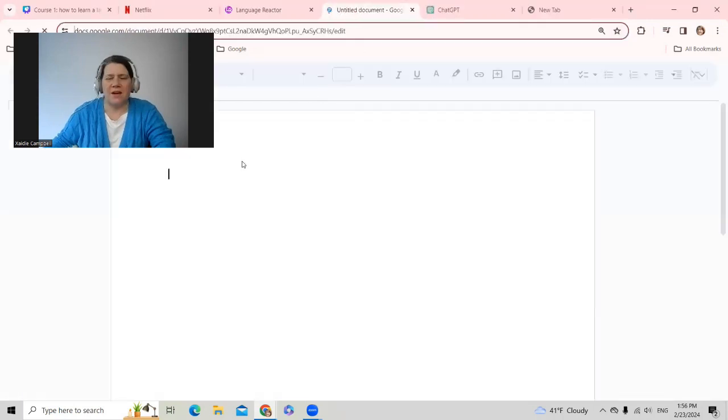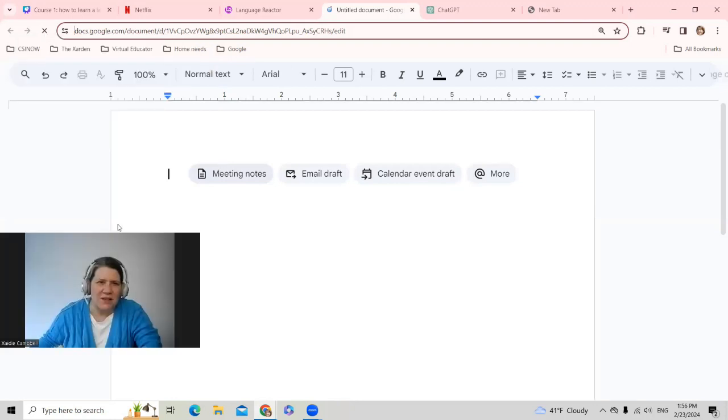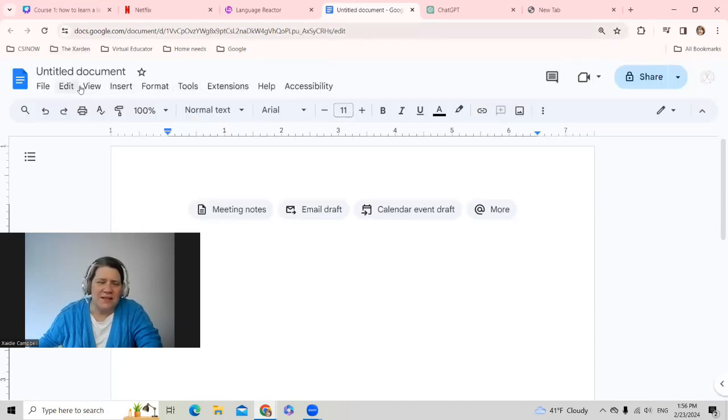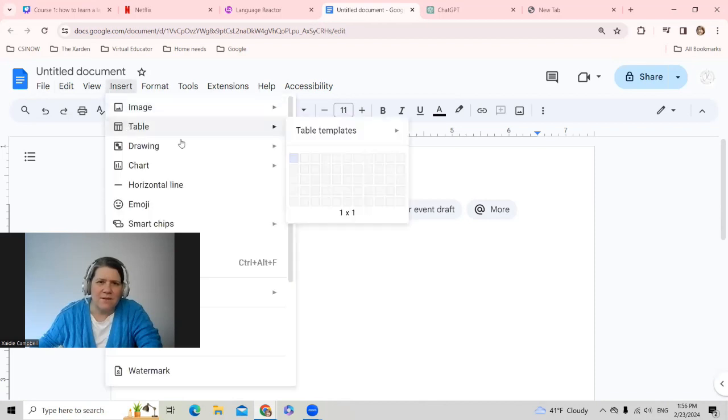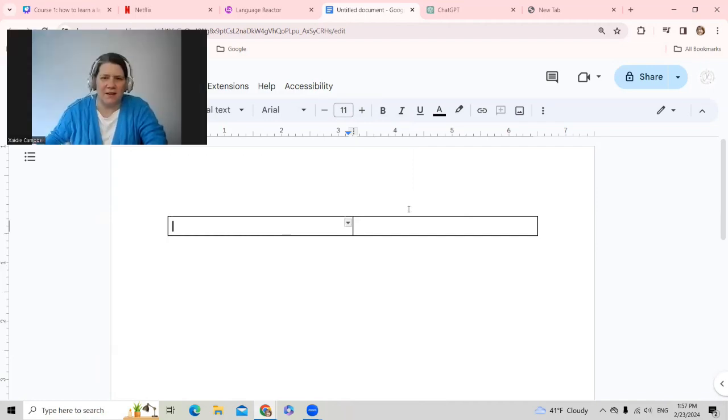Okay, so here I have a document and this is how I like to do it. I'm going to put them side by side. So I do it in a table. I put the English on one side.